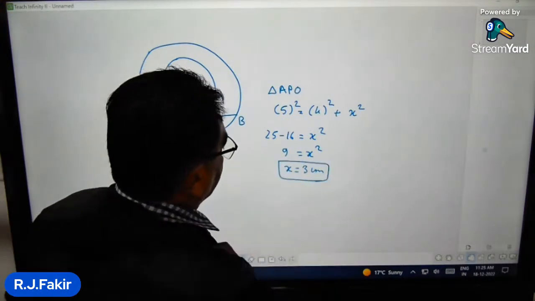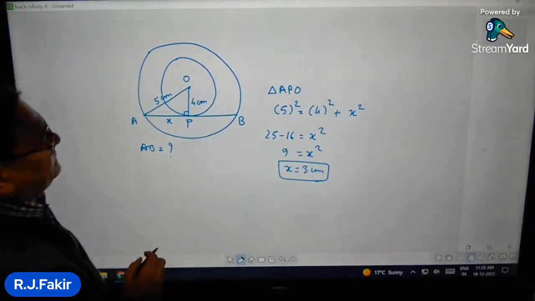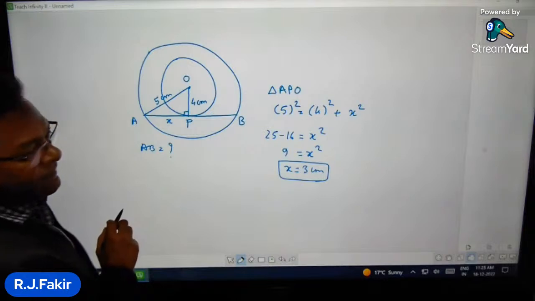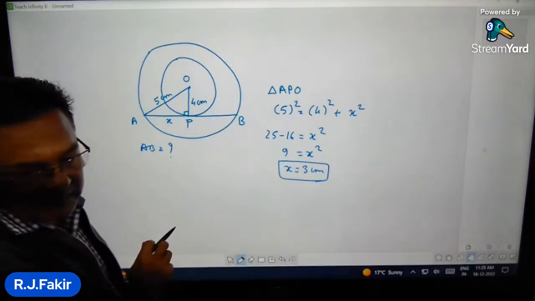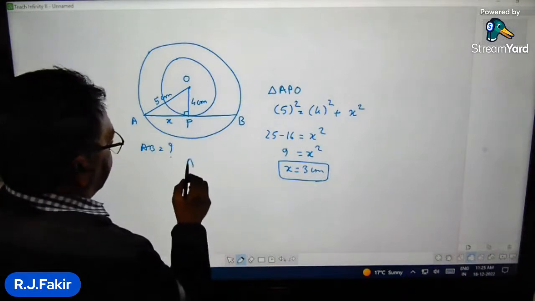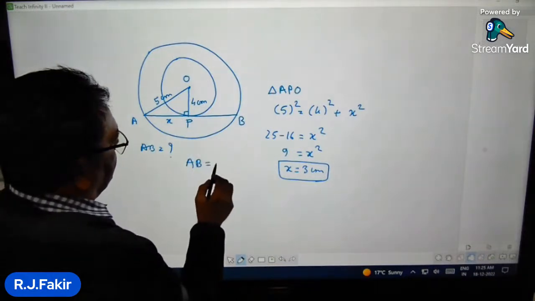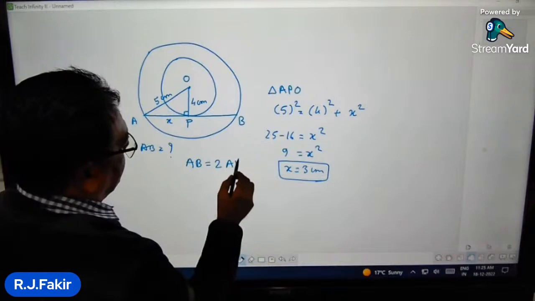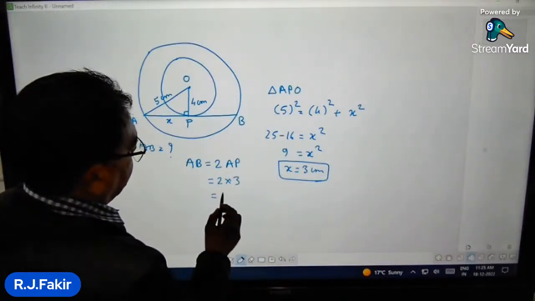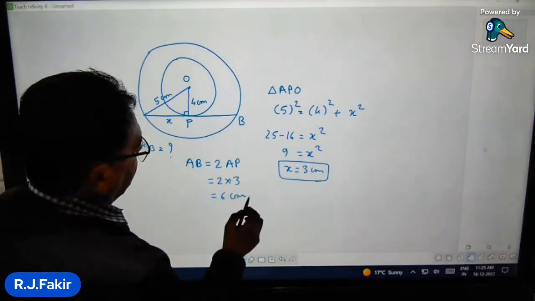And also from a theorem in ninth, the perpendicular from the center bisects the chord. So by that way we can say AB is twice of AP, which is 2 into 3, so that is 6 centimeter.